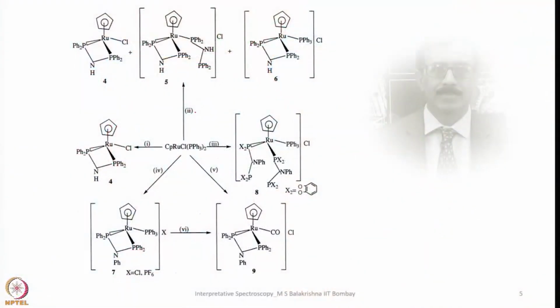For example, in this one, this ruthenium 2 compound was treated with this bisphosphine. In the above reaction, we are getting three products, 4, 5 and 6, in different stoichiometries. Although the reaction is carried out in a 1:1 ratio, the expected product is 4.